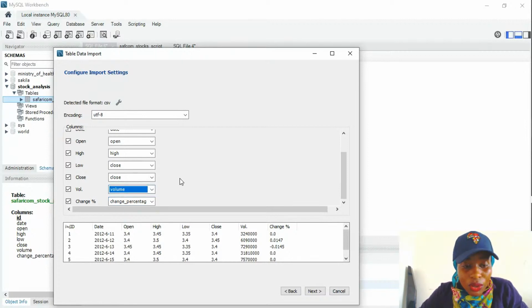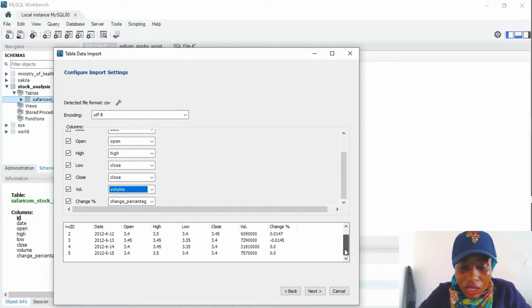You ensure that the columns you set in your table when creating it correspond to the exact column where your data appears in the file that you're uploading. You can confirm that by checking this one here that highlights it. I hope you can see it.